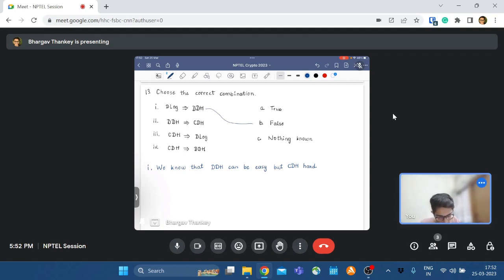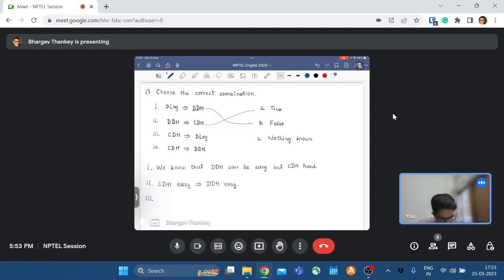What about two? DDH implies CDH. If CDH is easy, then DDH is easy. So the contrapositive would be if DDH is hard, then CDH is hard. So this is true. What about the third one?